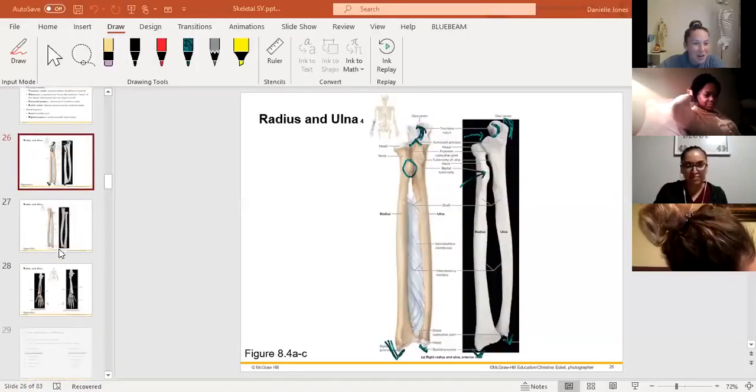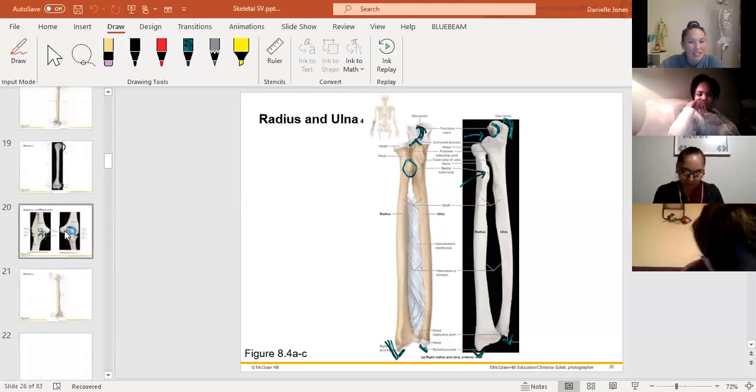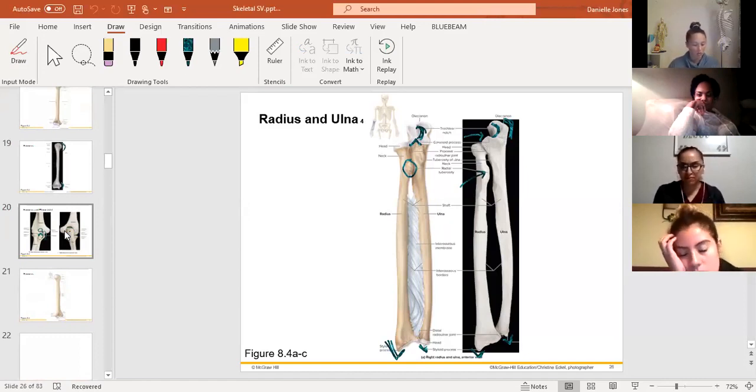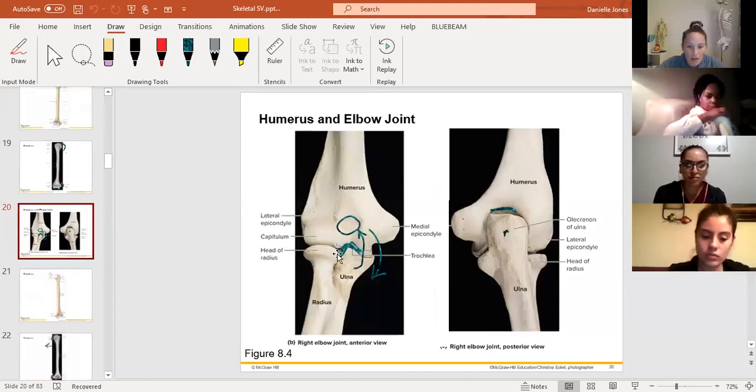Okie dokie. So now, just so that you can see up close, this is what that radius and that ulna look like. I'm going to have to start moving forward to get towards those lower appendicular bones. But essentially, this is how that coronoid fossa goes with the coronoid process.